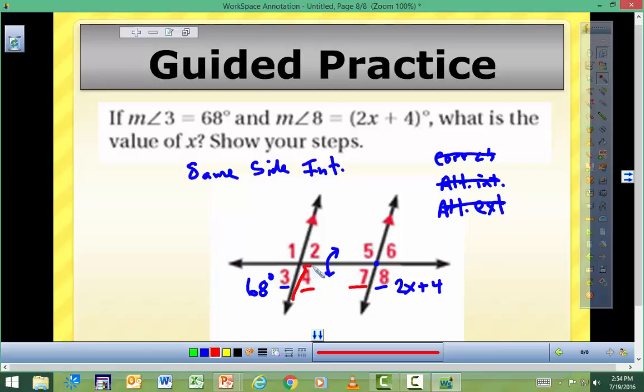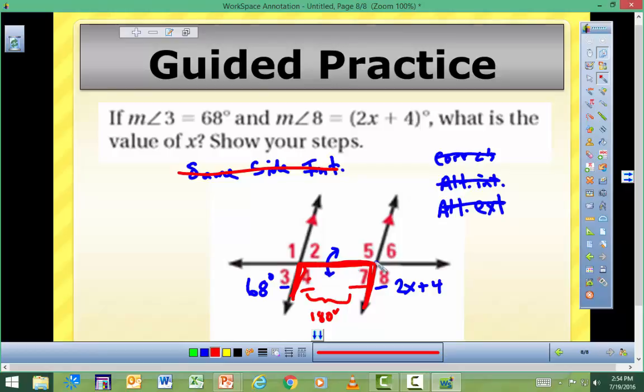You see, as you go around and around like that, these are consecutive. You go bam, there's one angle, bam, over here there's the other angle. So these two are the ones that are consecutive, and if that were the case, we'd say that they add up to be 180 degrees. So what we've determined is that angles 3 and 8 are none of the special 4.